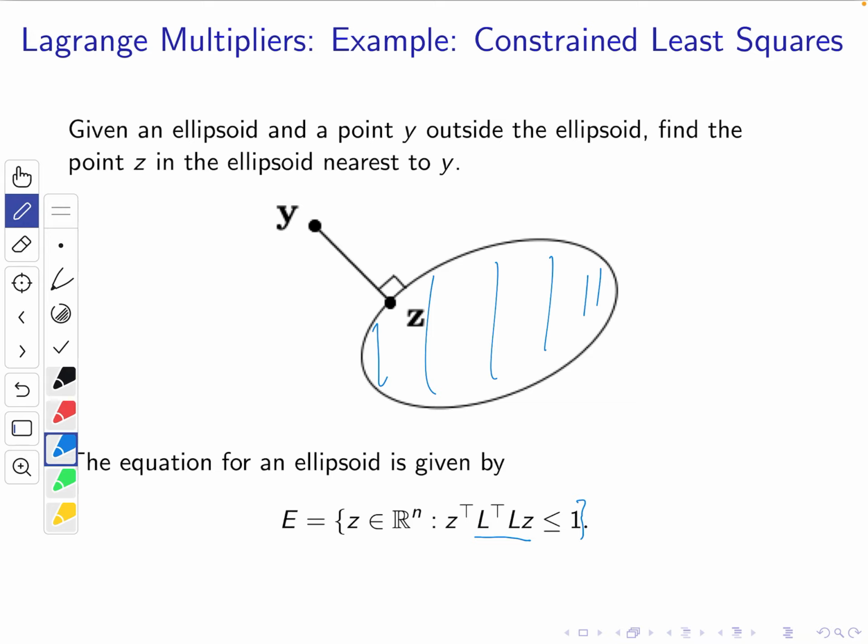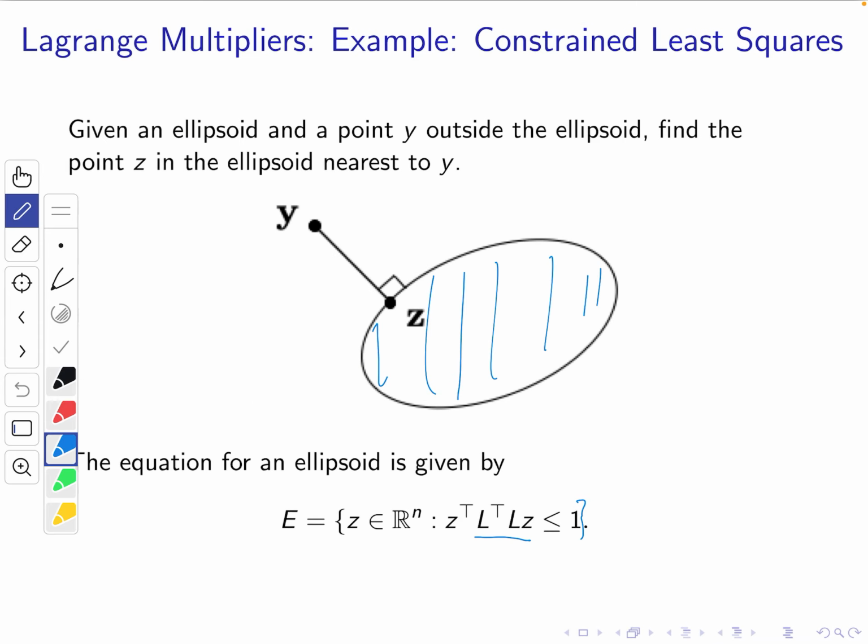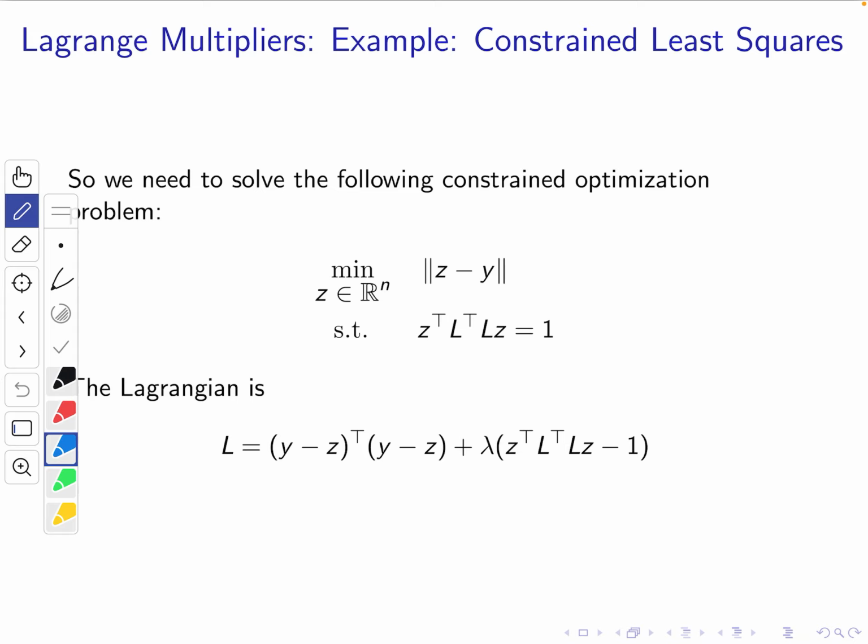In other words, if y is inside of here, then the nearest point is y. If it's outside, it's going to be on the edge, and so we're going to think of this as an equality constraint.